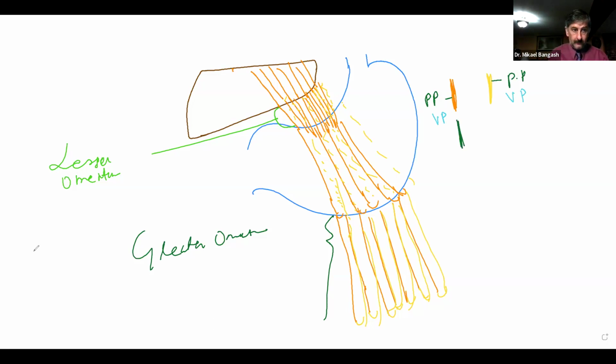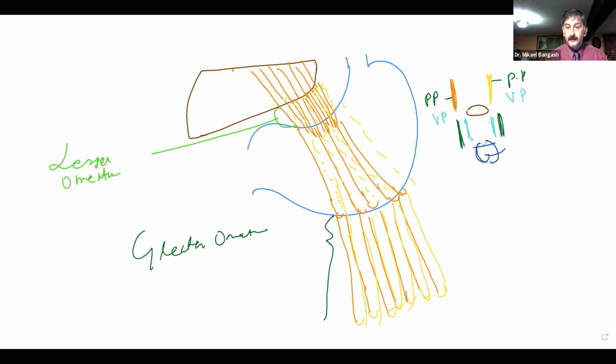So if you look at it, we have parietal peritoneum and then visceral peritoneum, because these are layers of the peritoneum. In this case, we had the liver up here, and down here would be, let's say, the stomach.